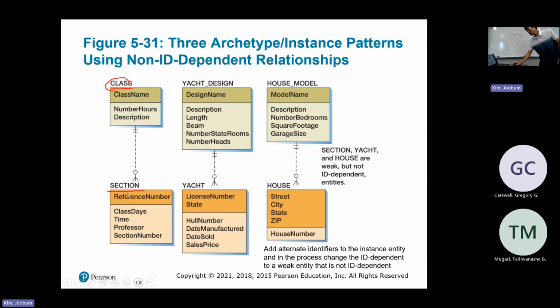That means the section entity is no longer an ID dependent entity, but still a weak entity. Why? Without the class entity, the section entity cannot exist. So the class entity must exist for the section entity.